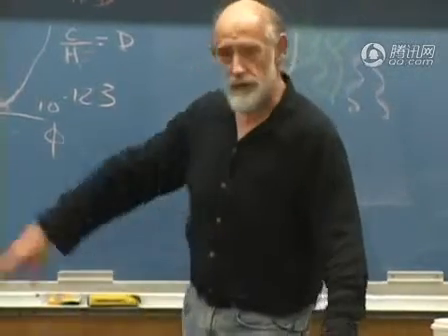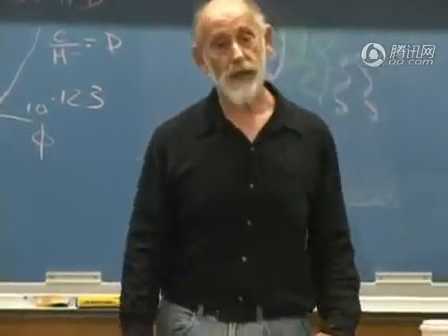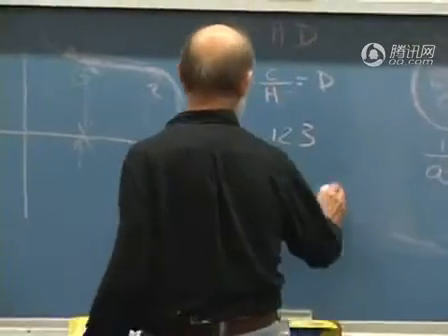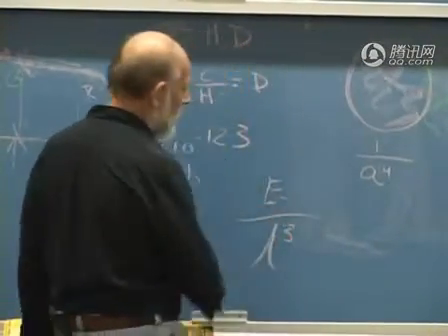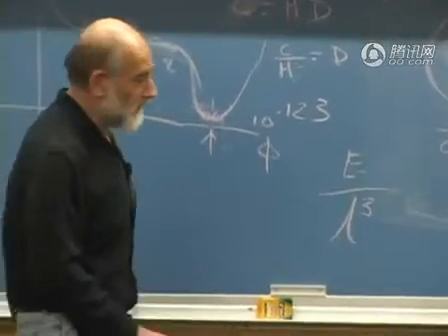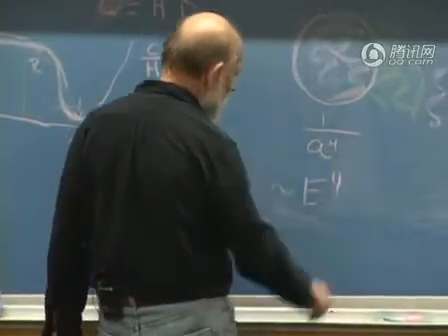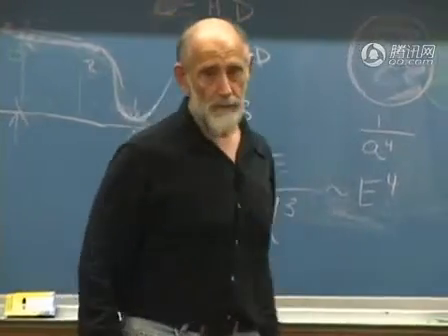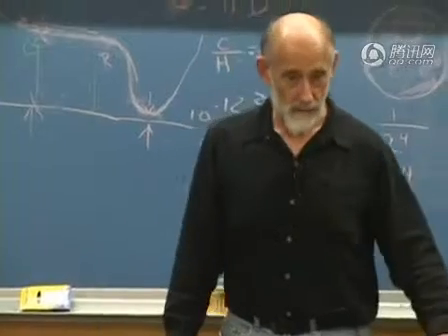It's energy density, first of all, so it's energy divided by length cubed. And if 1 over length is the same as energy, then it's energy to the fourth. So it's m Planck to the fourth that are the units.